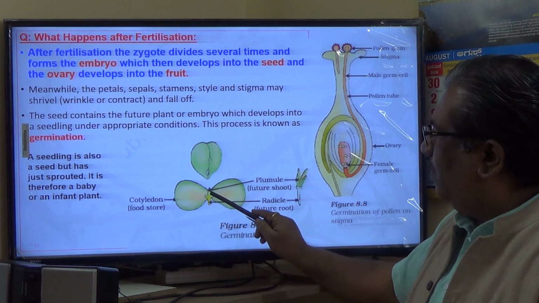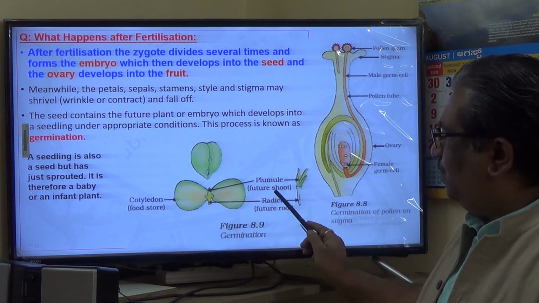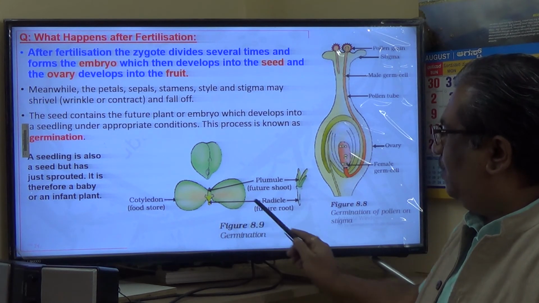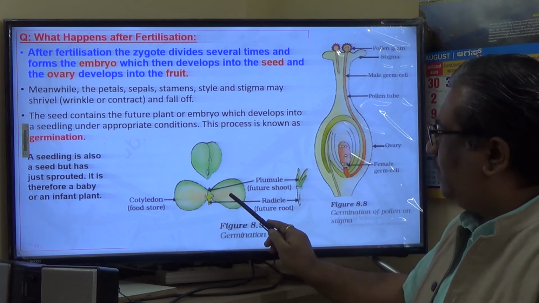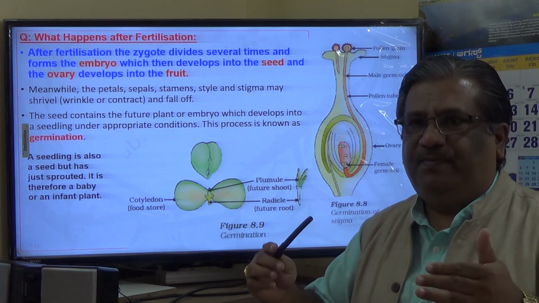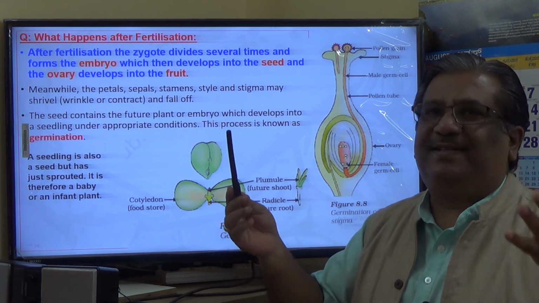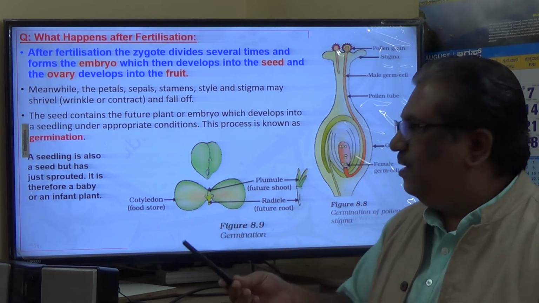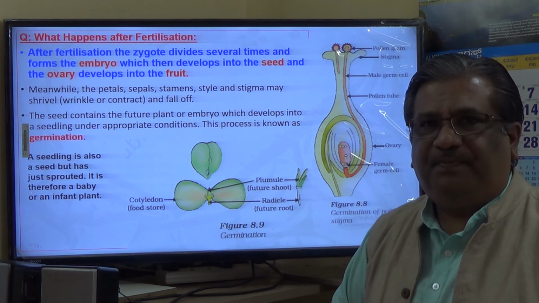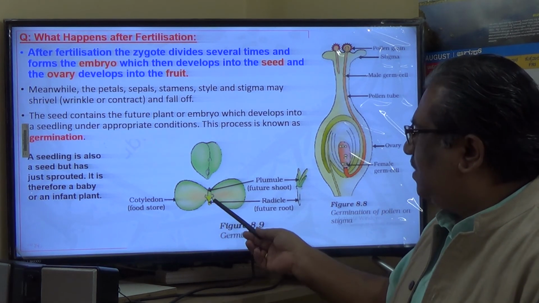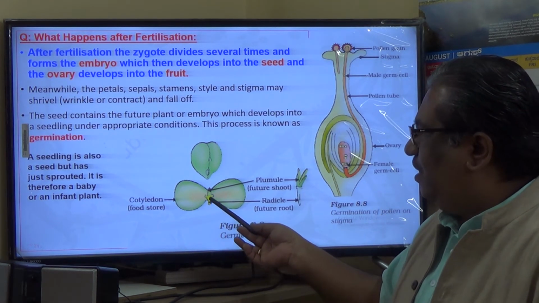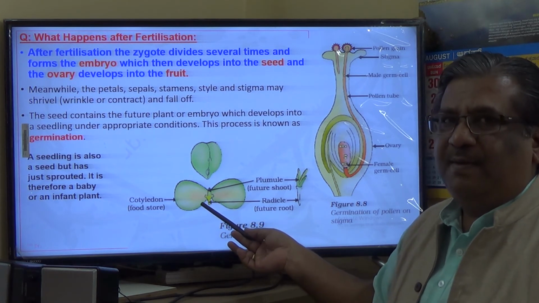So plumule is referred to as the future shoot, and radicle as the future root, and these cotyledons store food. They act as storage devices for the food. Why? For the growth of this future plant. You got it? So the cotyledons provide sufficient food for the future plant.